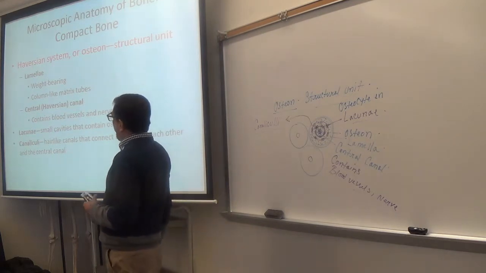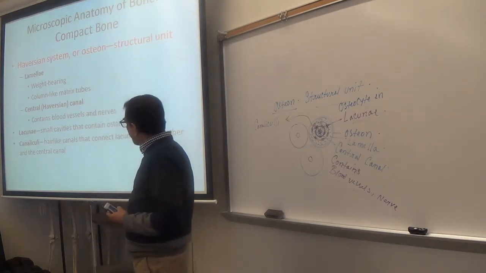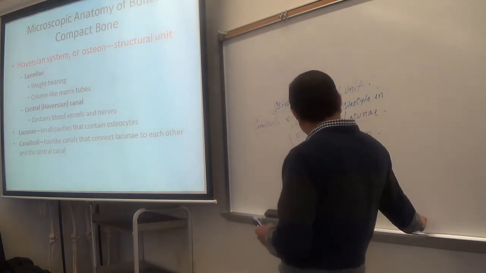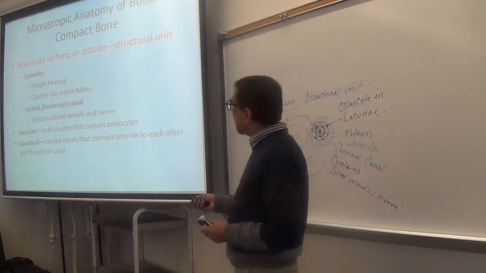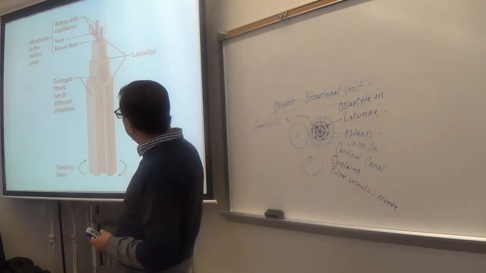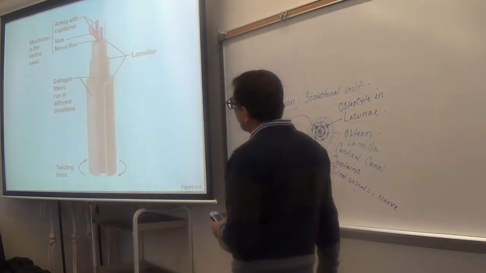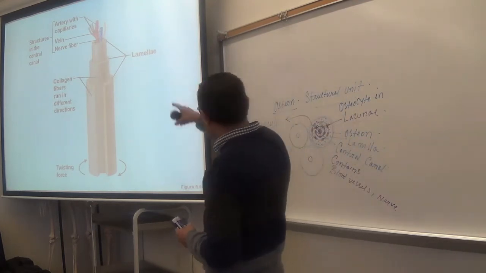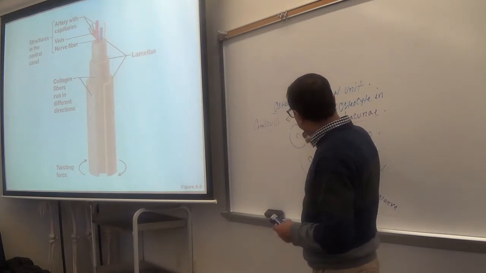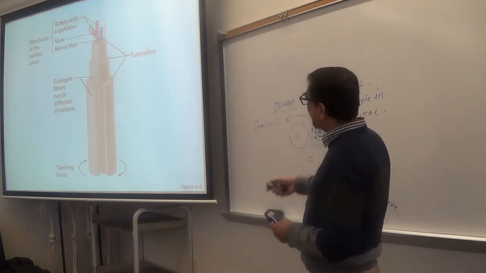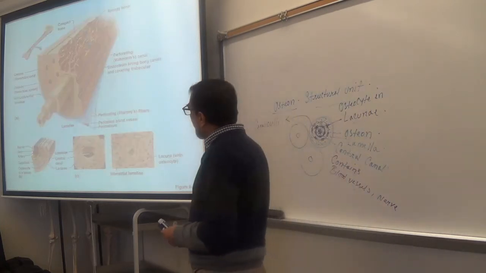Now, the matrix is very hard and gives the hardness of the bone. You see the central canal contains the artery, vein, and nerve. Okay, and they have shown lamella like circles that I have shown here. So this is one, another, around that.